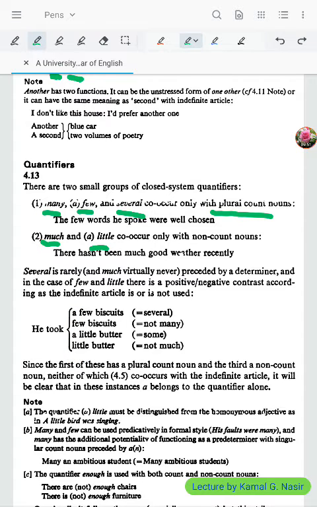Good. We come to the examples concerning many, few, and several, and then we come to much and little or a little. Okay, look well.